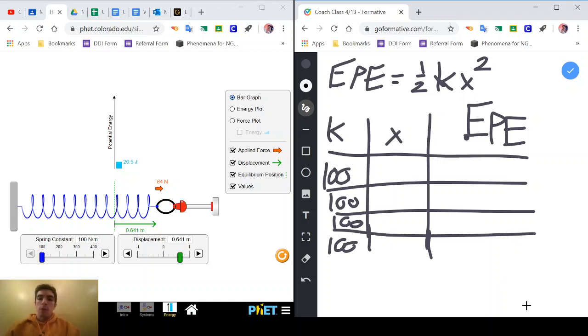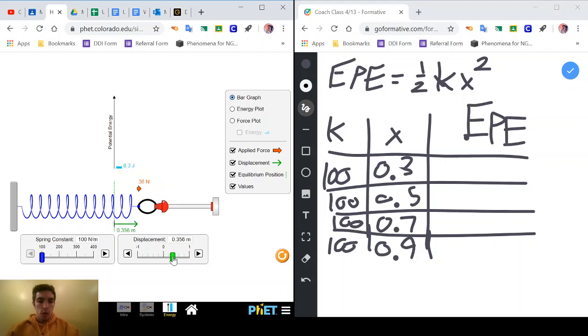And then I give a bunch of values of displacements. Let's say I picked 0.3, 0.5, 0.7, and 0.9 or something. For each of those values of your spring constant as well as your displacement, I could just come over to the simulation. Right now, spring constant of 100 newtons per meter, a displacement of 0.3. So I'll set that displacement over here.